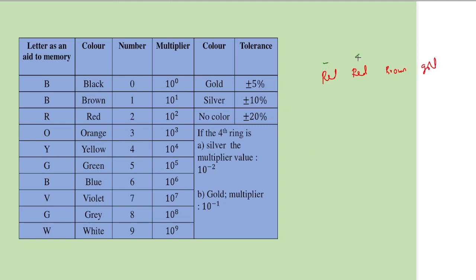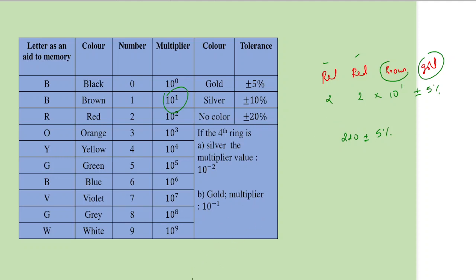The first 2 colors represent numbers themselves. Here red would be 2 and again 2. The third is the multiplier, which means this number into 10 power the multiplier. Brown is 10 power 1. And the last is tolerance, which is plus or minus. Since it is gold, it is plus or minus 5%. So this becomes 22 into 10, which is 220 plus or minus 5%. So that's how colors are read.